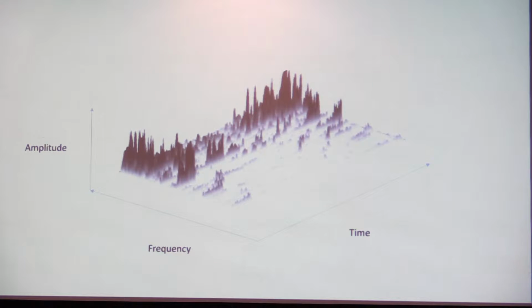In speech recognition, you can represent an audio stream in different ways. So there's a time dimension, there's a frequency dimension, and there's an amplitude. And you can go between these dimensions by using something called an FFT, or fast Fourier transform. But this is essentially a very large tensor.